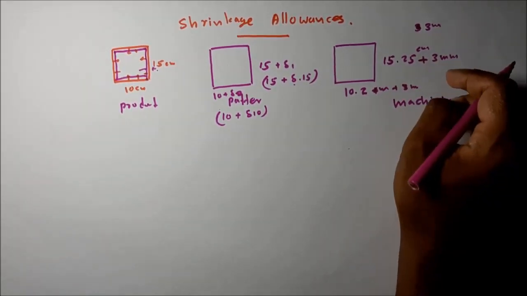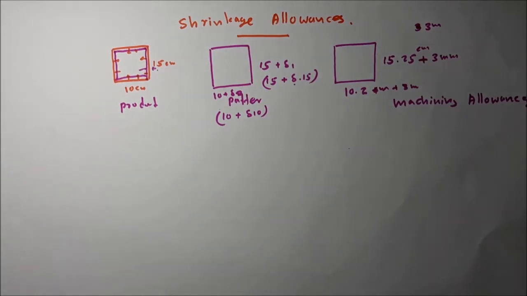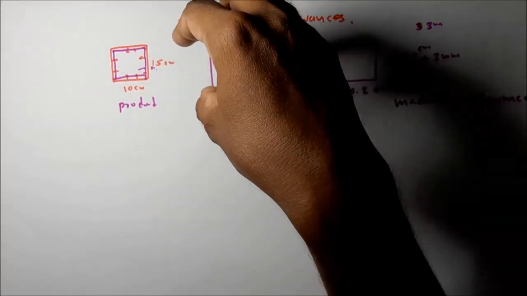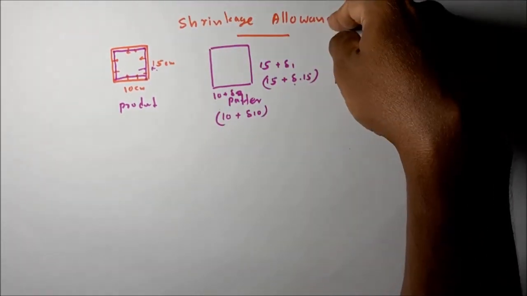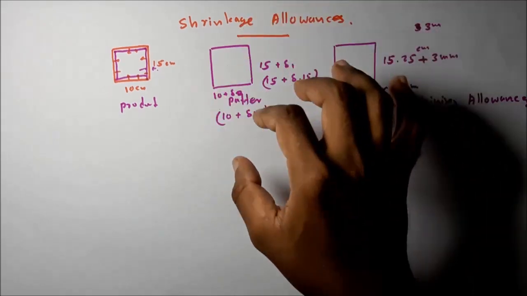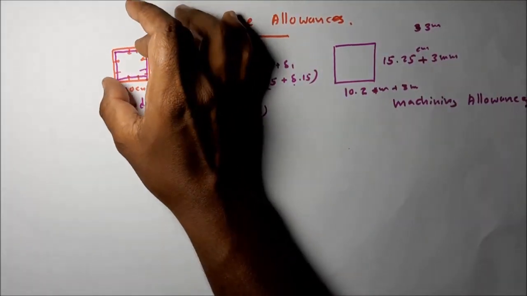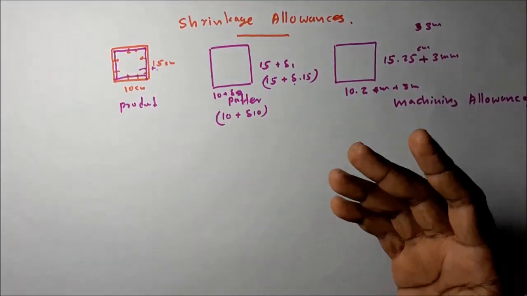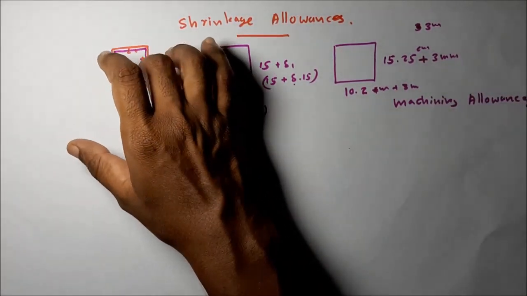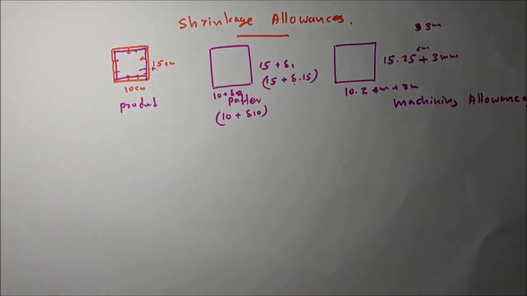This is called the machining allowance. Previously we discussed shrinkage allowances. That means when making the pattern we have to give shrinkage allowances plus machining allowances. In that dimension we make the pattern, then finally we get the product with extra dimensions for the machining. Then by machining we can obtain the required final dimensions and the surface finish we require.